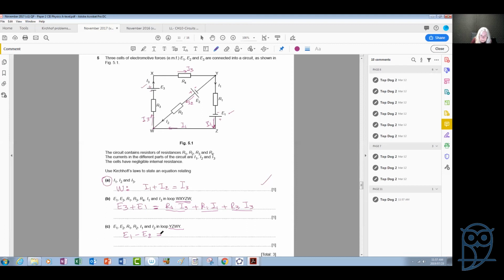Now this must be equal to the sum of all the potential differences that we meet. Okay, now what do we have here? The first potential difference is this I1, R1.